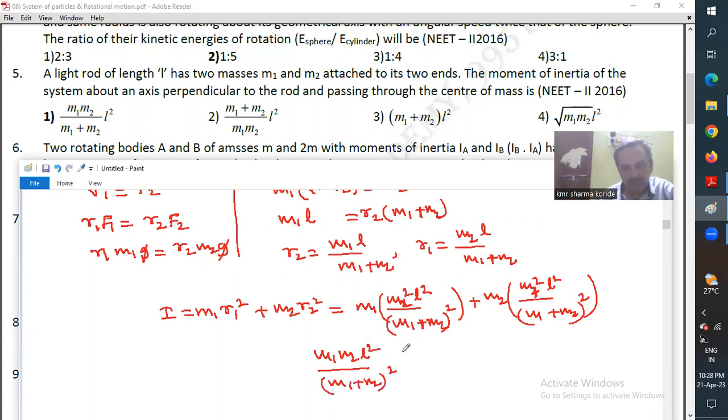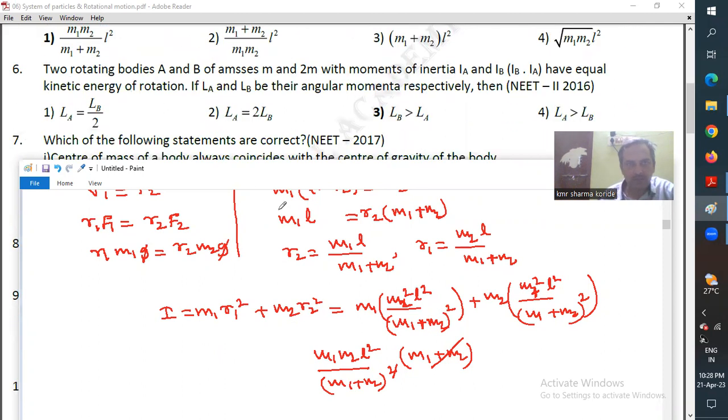After you take M1 M2 common, there will be M1 plus M2 left, so this term and this term get cancelled. Therefore you will get the answer M1 M2 L square by M1 plus M2. So the first option is correct.